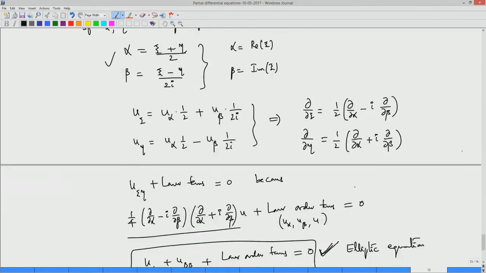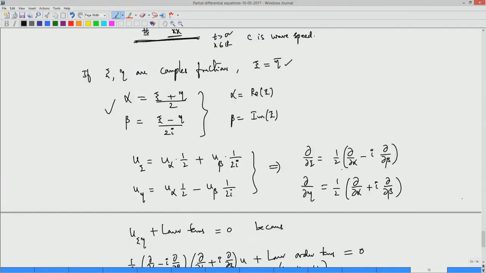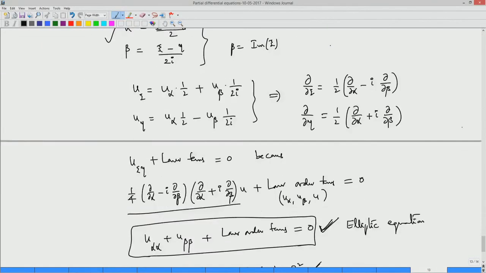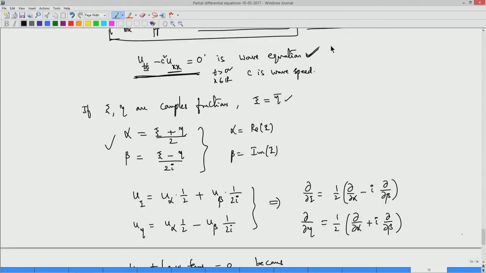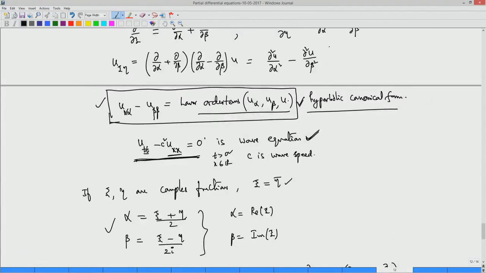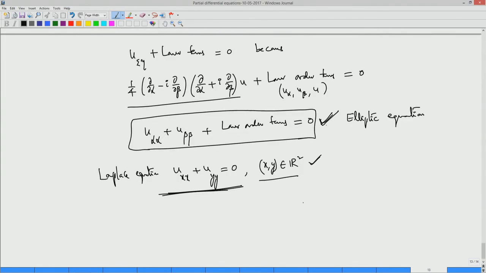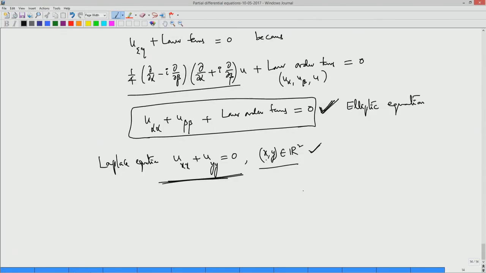Okay. So, if xi and eta are real or complex valued functions, when you get these from these ODEs, what you get is one of these canonical forms. So, either a hyperbolic equation, like a wave equation as an example, or an elliptic equation if these are complex valued functions.